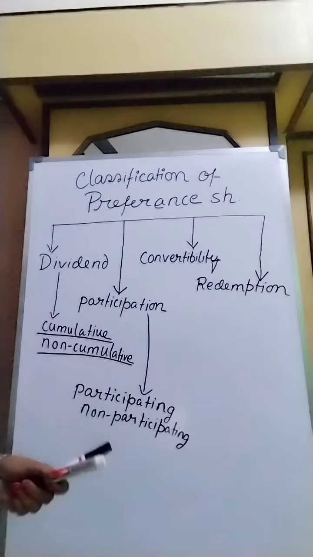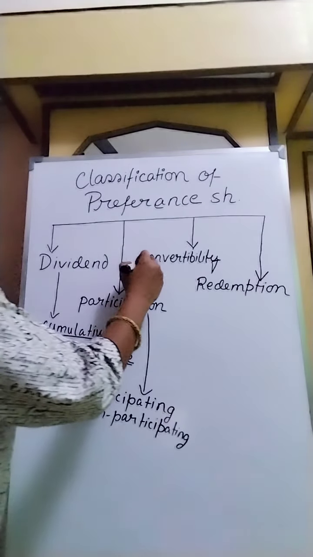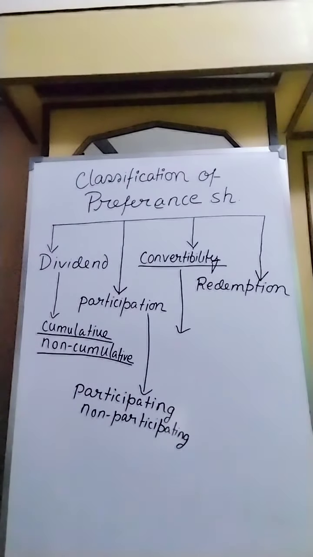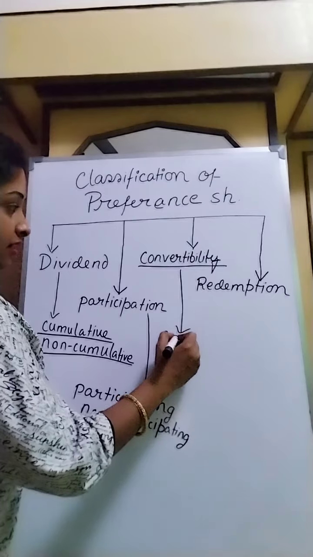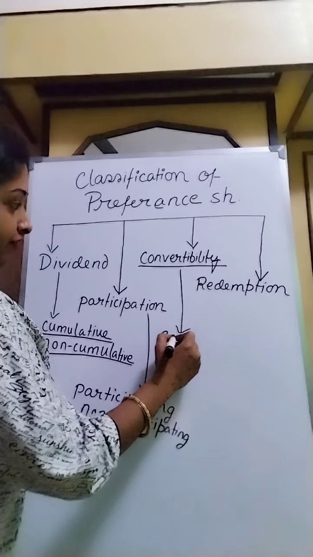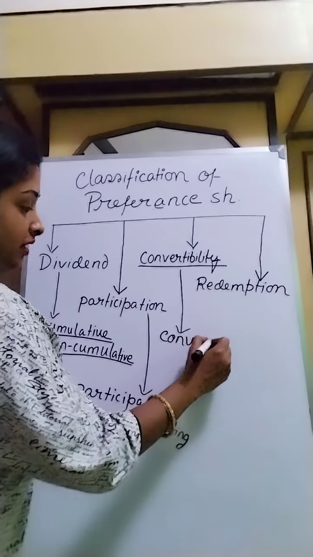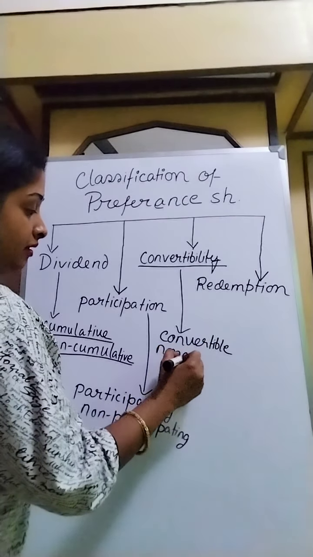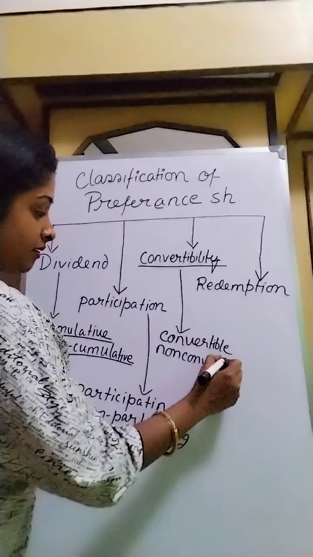Third category is on the basis of convertibility, and on this basis two types of preference shares can be derived, that is convertible preference shares and non-convertible preference shares.